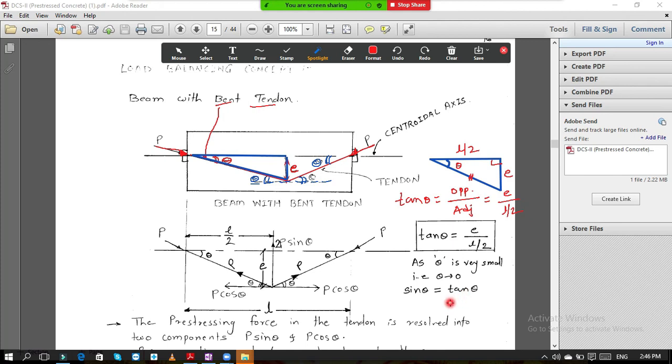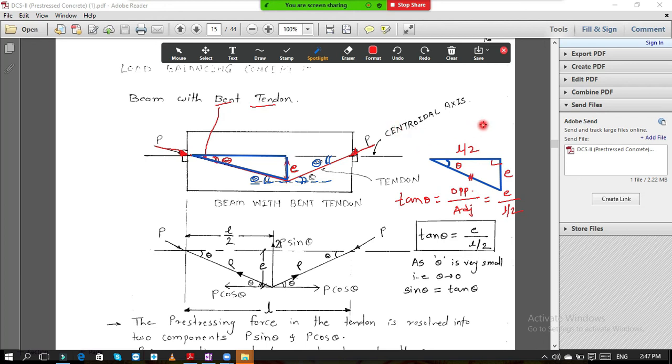You can check it on the calculator also. Take a very small value of theta, like 0.02 or 0.04, and you will find that the sine of the same angle is equal to the tan of the same angle when theta tends to 0. So I can write over here sin theta is equal to E divided by L by 2.